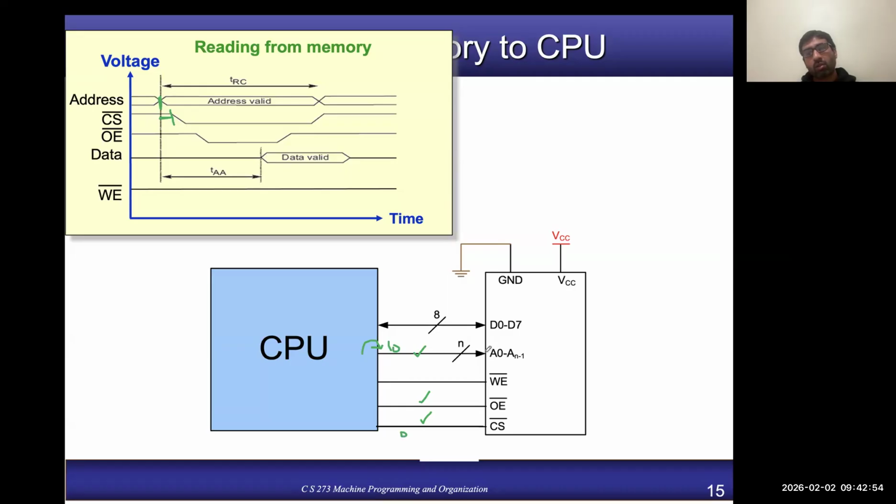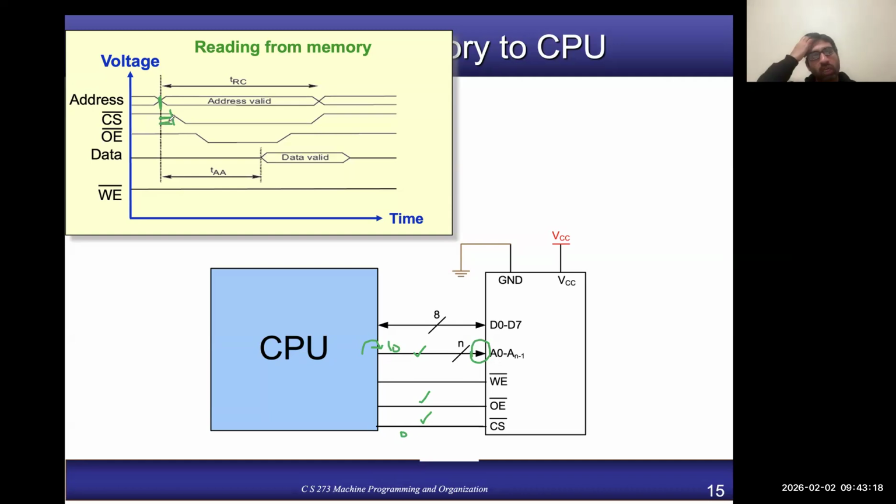Because there is a circuit here which is not shown, and it is called the address decoder. That circuit can be internal to the chip or external to the chip, and it takes some time to decode this address, right? That's why we put some gap here. How much gap depends on the memory chip.